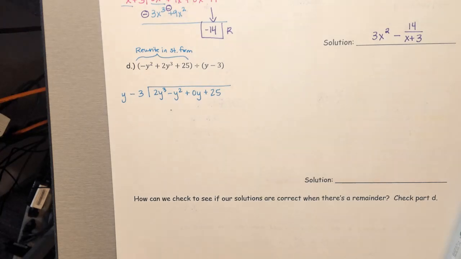All right, let's check and make sure we started this okay. So when you do 2y cubed divided by y, what did you start at the top? What was the first number you put at the top? Great. Okay, so 2y squared is where we should start.